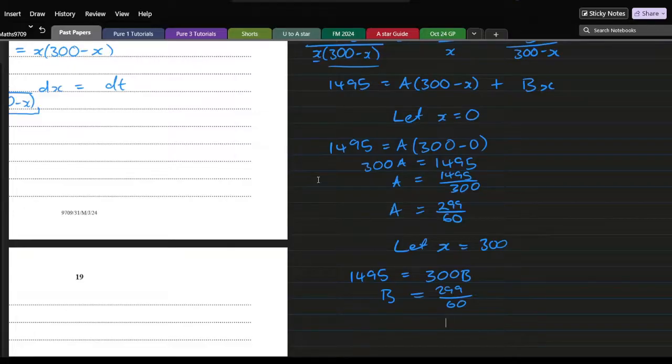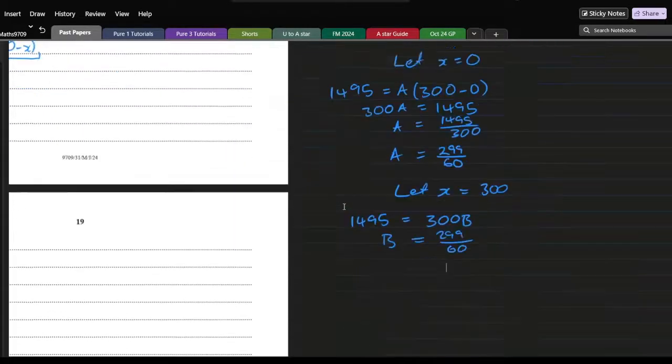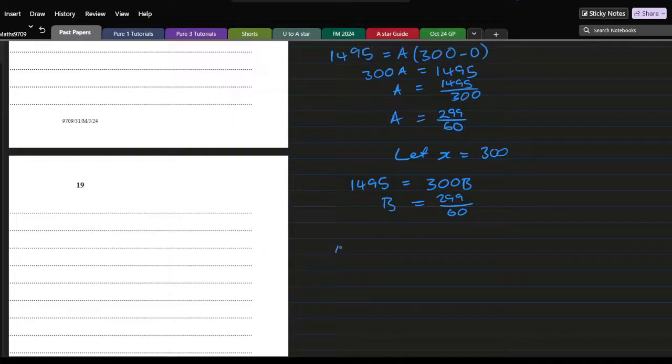Alright, so that means our original fraction, the 1495 over x times (300 minus x), can be written as 299 over 60 divided by x, plus 299 over 60 divided by (300 minus x).